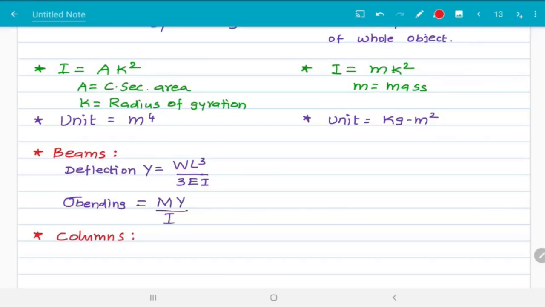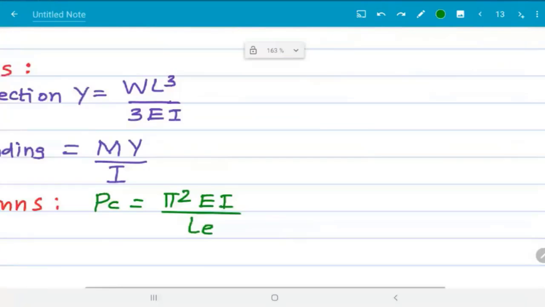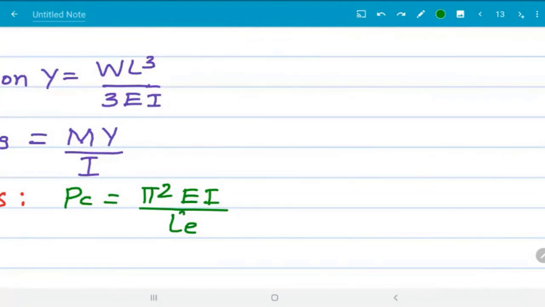P C is equal to pi square E I by L E square.